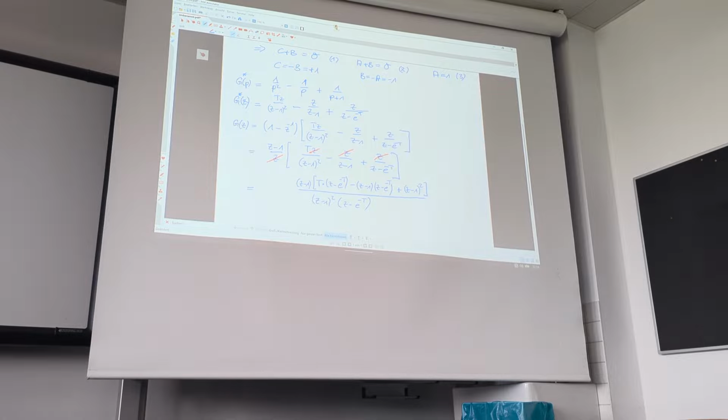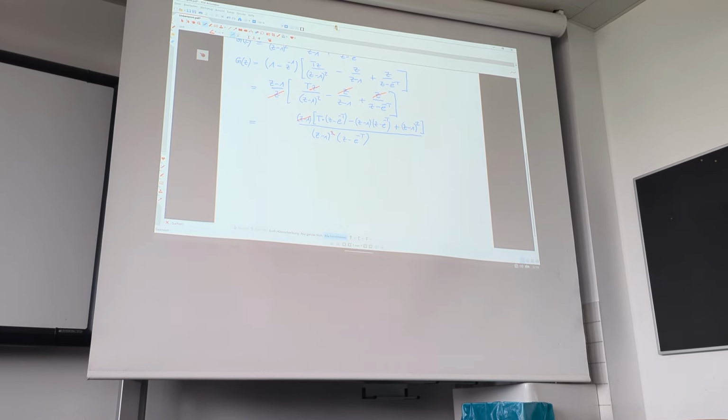This way. And then we can cancel Z minus 1 with the square, and get close to the result.